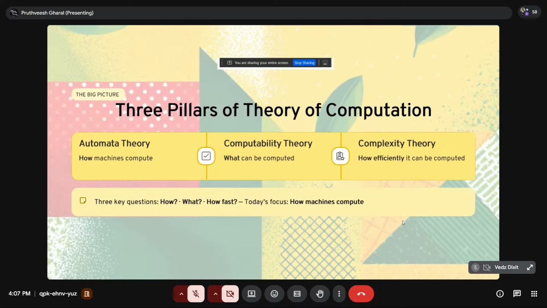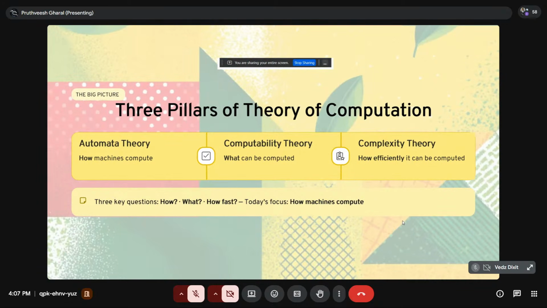Next, the three pillars of theory of computation. These are the main core subjects inside of theory of computation, and we are only going to focus on automata theory. What these theories ask are different questions based on the nature of computers. So first is automata theory.